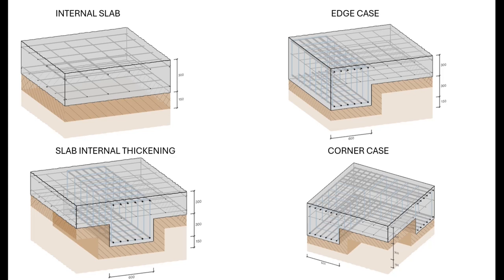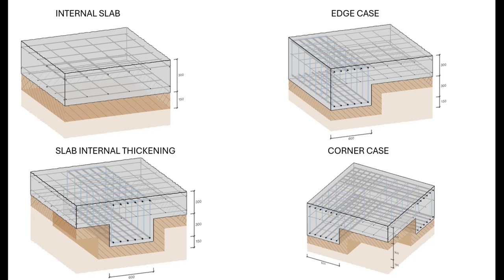Then we have slab with internal thickening. This is in case when on our slab there are much heavier loaded walls or some columns, so we need to provide sort of spread foundation.